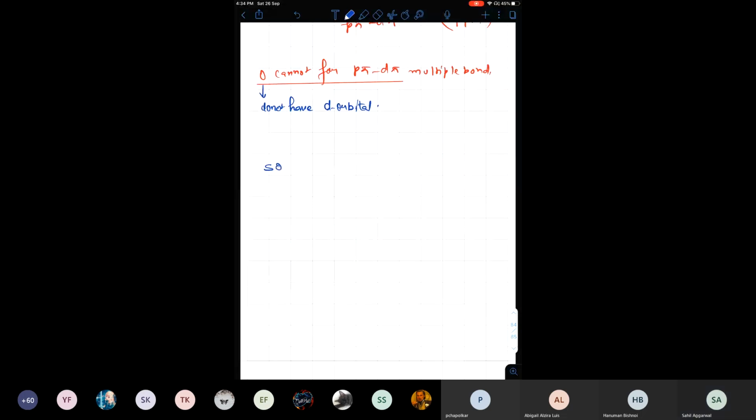Sulfur can form p pi d pi. Definitely it can form p pi d pi.